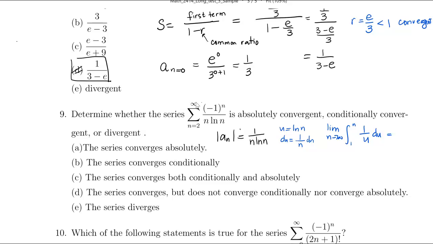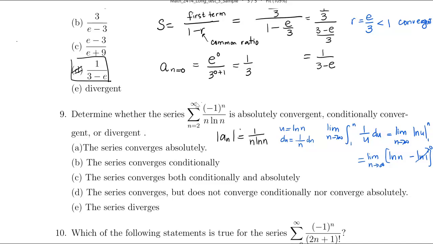Now, I'll integrate that. So limit as n approaches infinity. The integral of 1 over u is ln u, evaluated from 1 to n. So this is equal to the limit as n approaches infinity of ln of n minus ln of 1. But what is ln of 1?